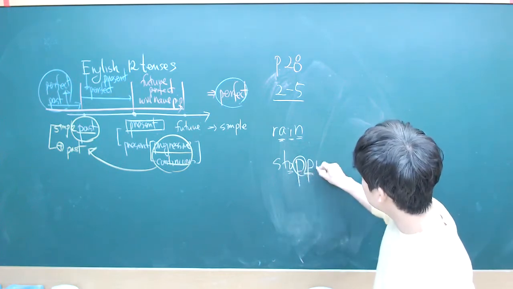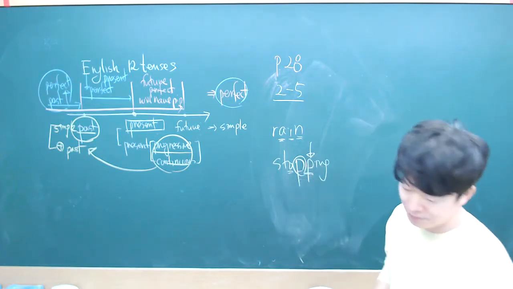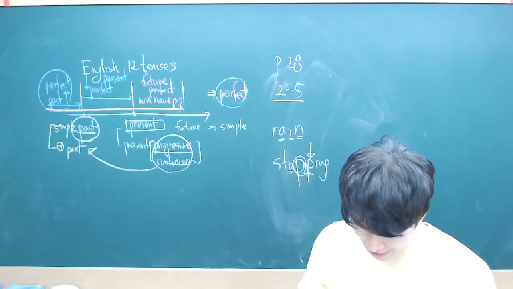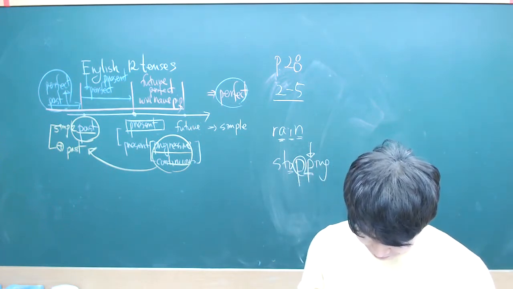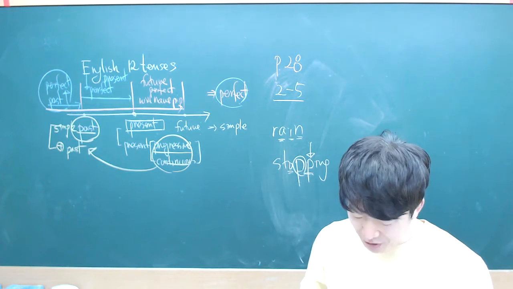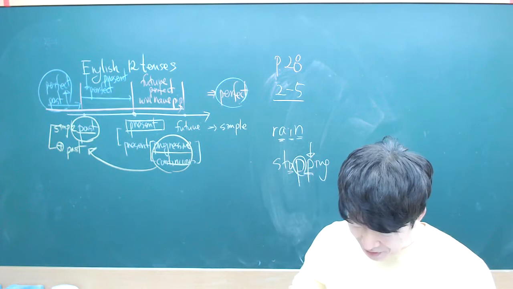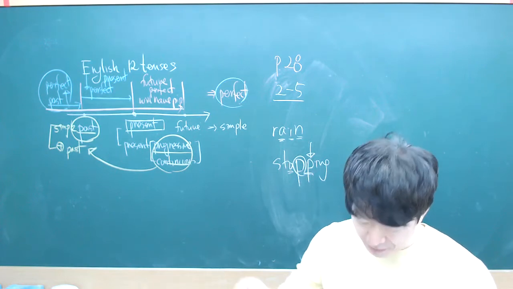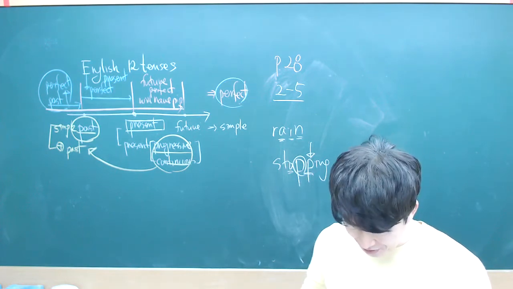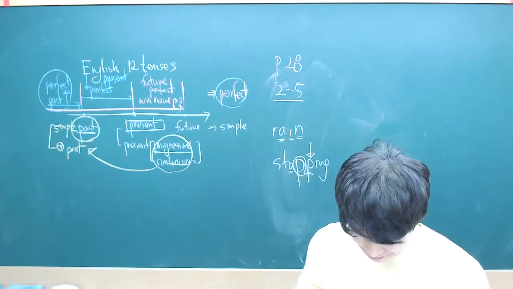Double the consonant: stopping, stopped, planning, planned, okay? And a two-syllable verb, visit. It's very regular: visiting, visited, just ing, just ed.